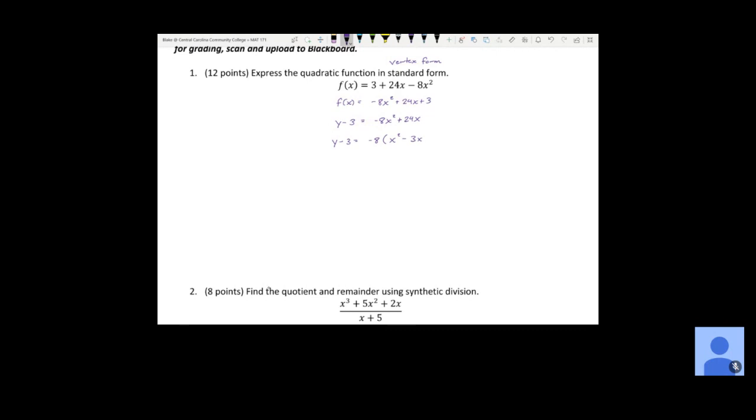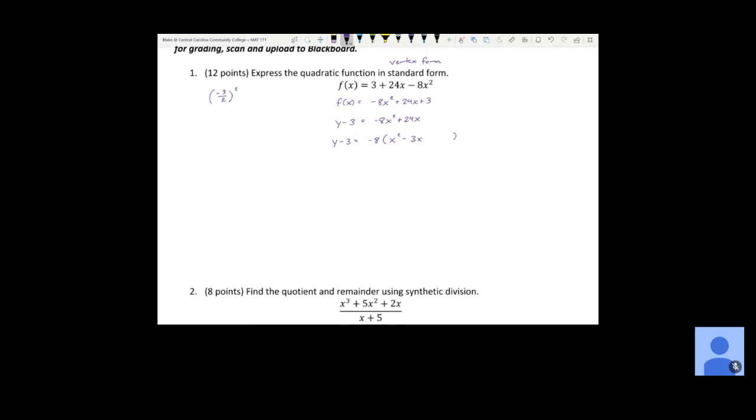Okay, so now we can complete the square, right? I'm looking for what value I'd have to put in here to do that. Now we can use that b divided by 2 squared. What's my b value this time? Negative 3. Good. So we're going to take negative 3 divided by 2 squared.